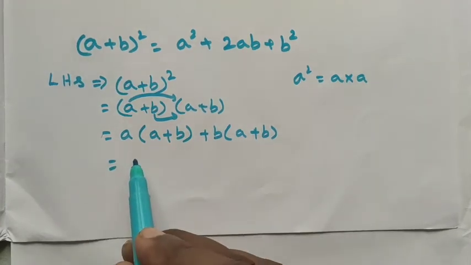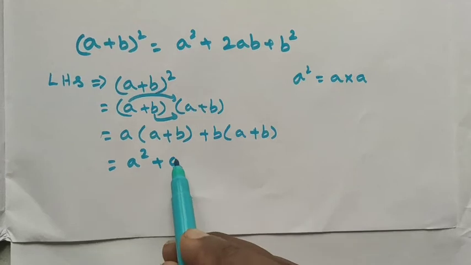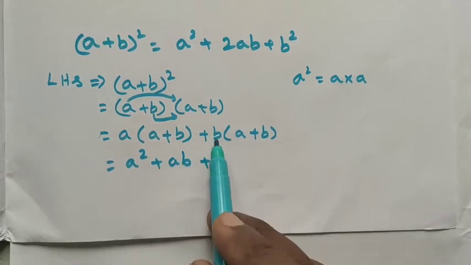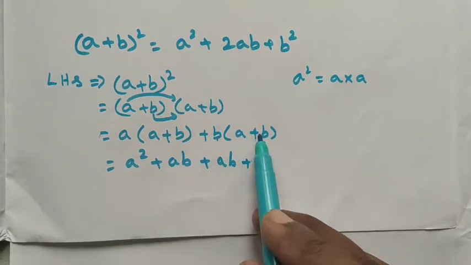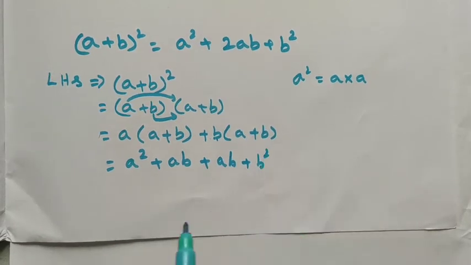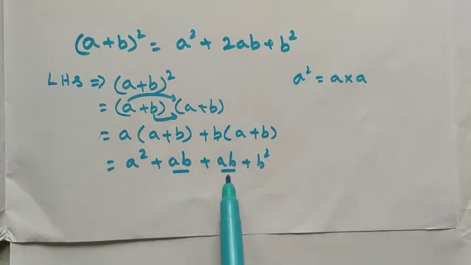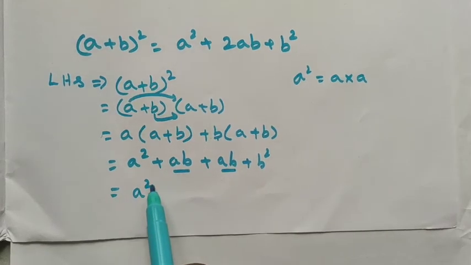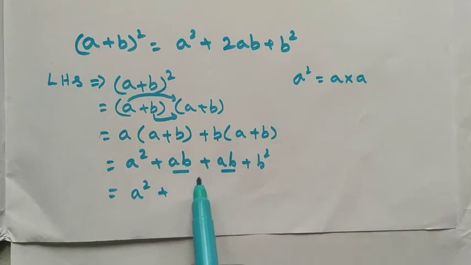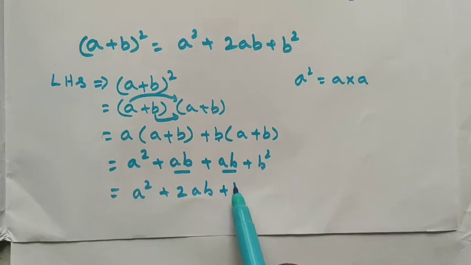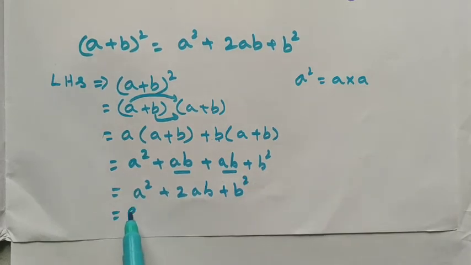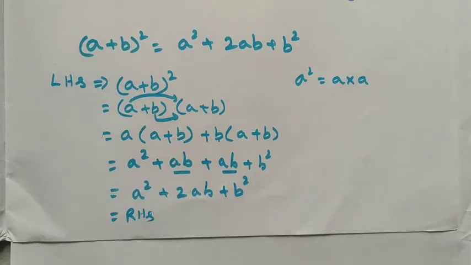Now removing the bracket, a into a is a square, plus a into b, plus b into a is ba or ab, plus b into b is b square. Now see, here we have ab and here also ab, so a square plus 1ab plus 1ab is equal to 2ab plus b square. Now this term is equal to the RHS. The same way we can prove all the identities.